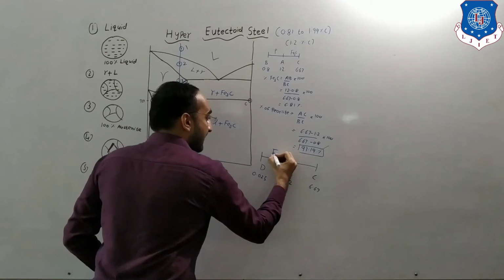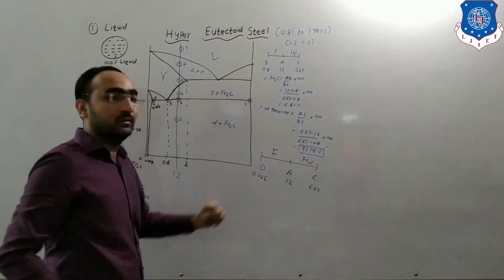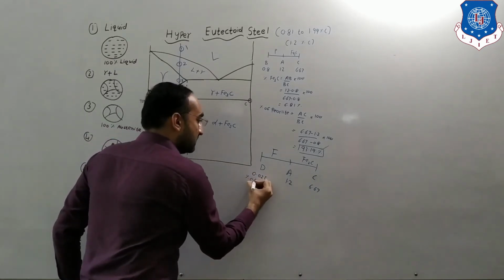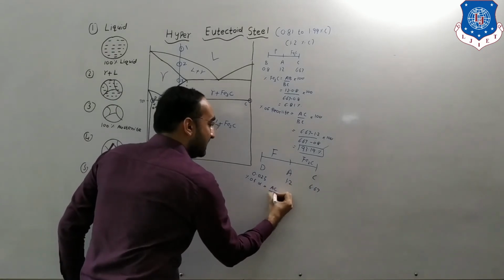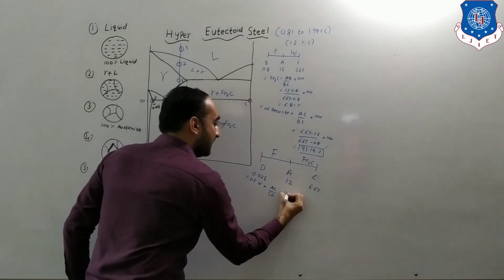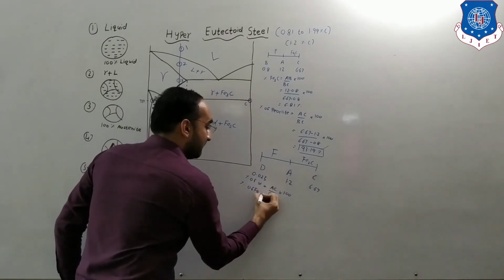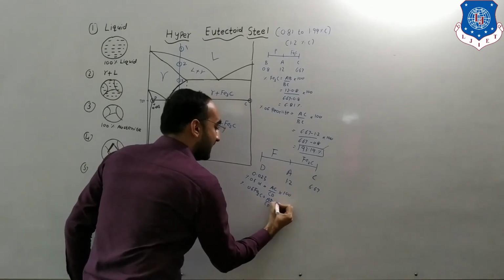Here there is a ferrite region, here there is a Fe3C cementite region. This way you can find that the percentage of alpha will be equal to AC upon CD multiplied by 100, and the percentage of Fe3C will be equal to AD upon CD multiplied by 100.